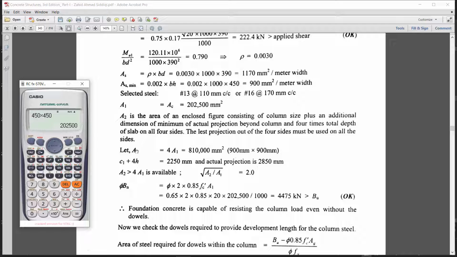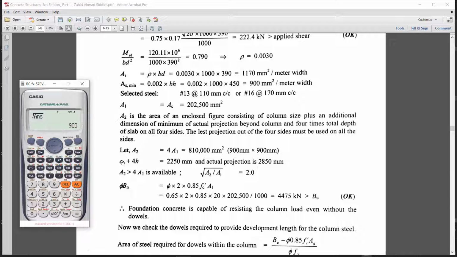We can calculate A2 just by multiplying 4 times A1, meaning on all 4 sides. A1 is 202,500, multiplied by 4, you get 810,000 millimeter square. That is calculated based on the formula. Take the square root and you get 900 by 900.